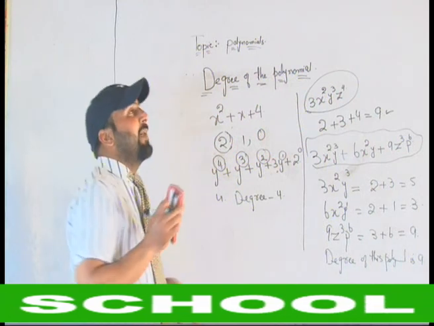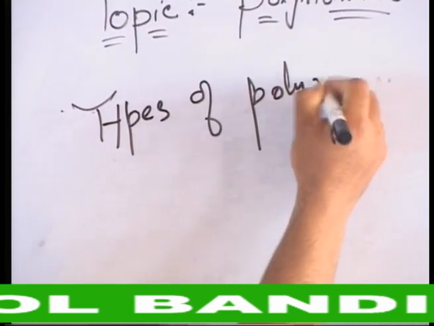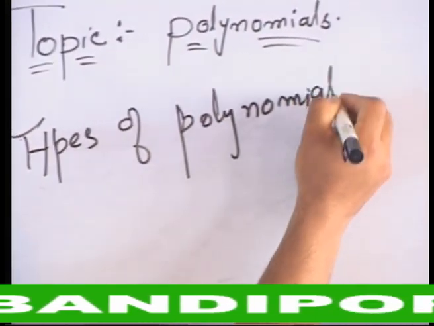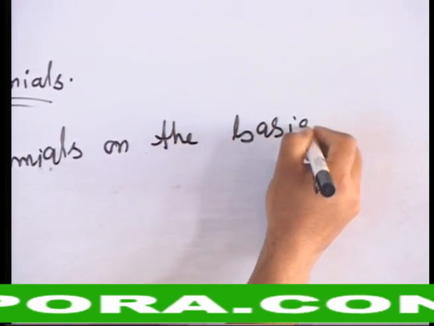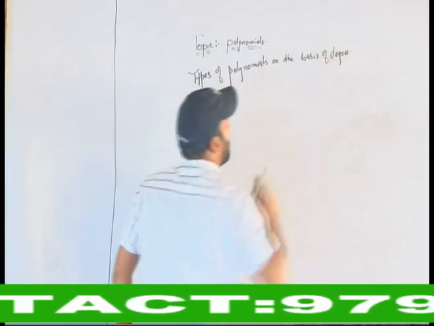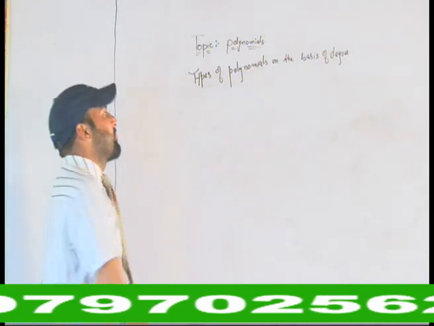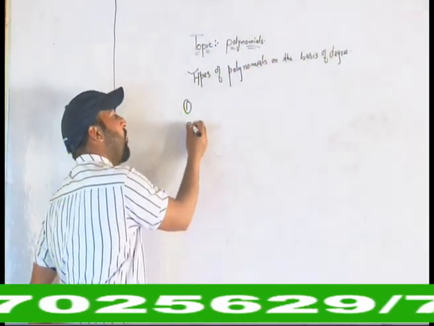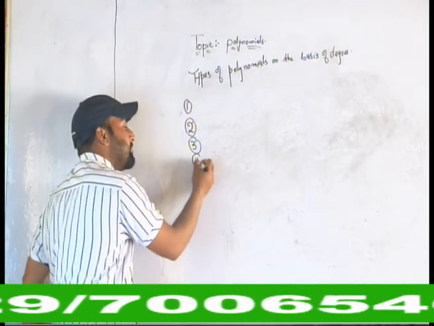Now the next concept is the types of polynomials on the basis of degree. Already you have learned what the degree of a polynomial is. Now we will categorize polynomials on the basis of degree.